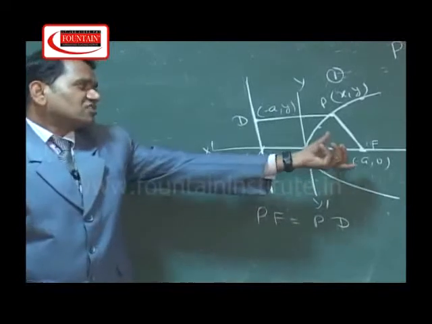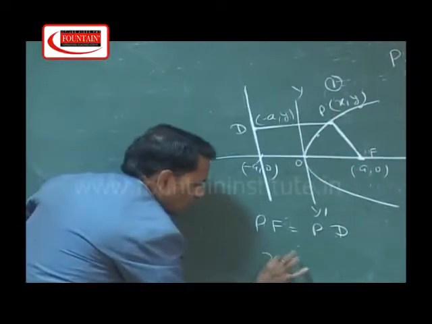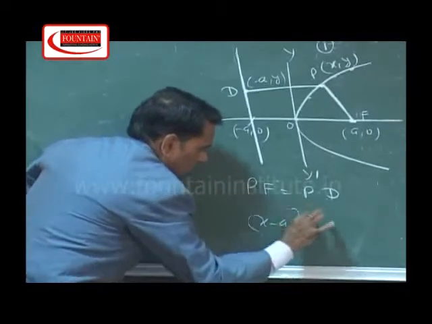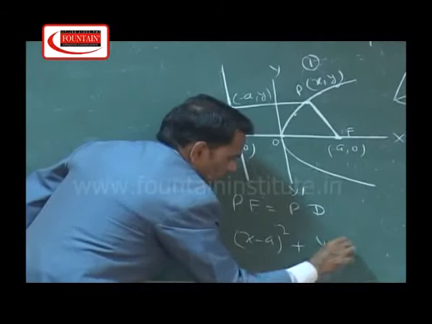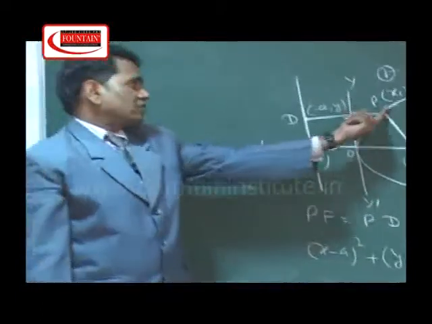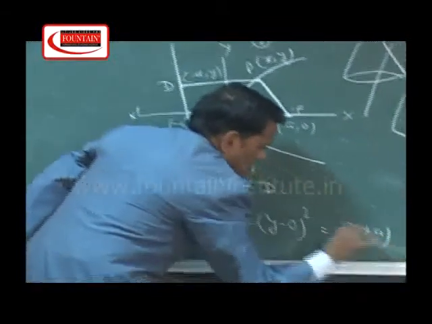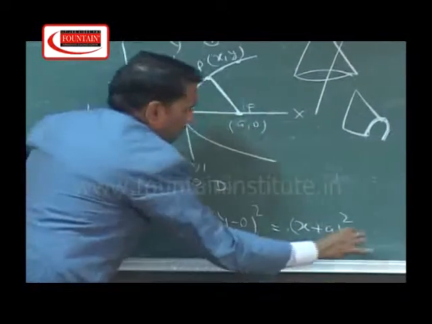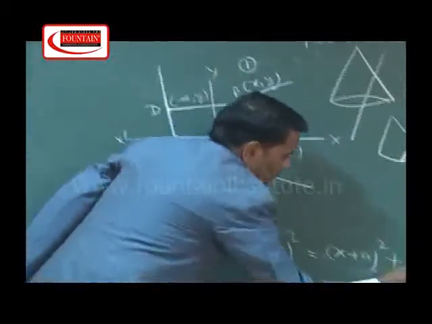Now use the distance formula: the square root of (x - a)² + (y - 0)² equals the square root of (x + a)² + (y - y)², which is 0.